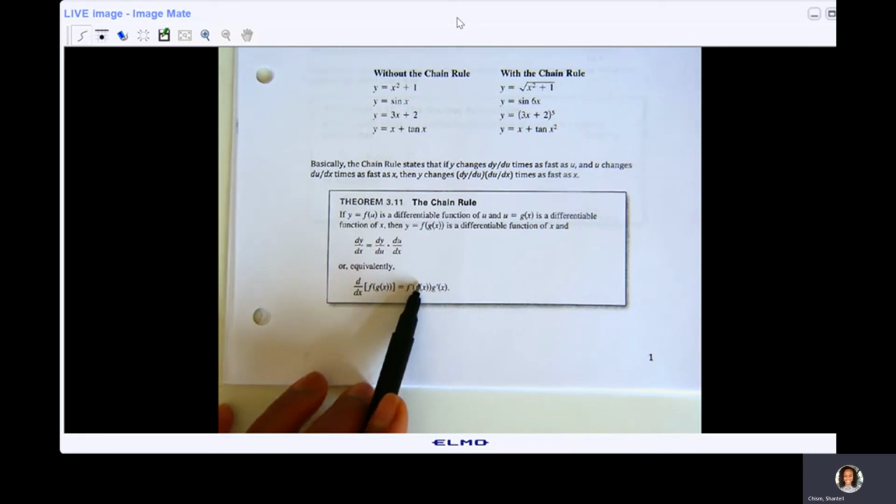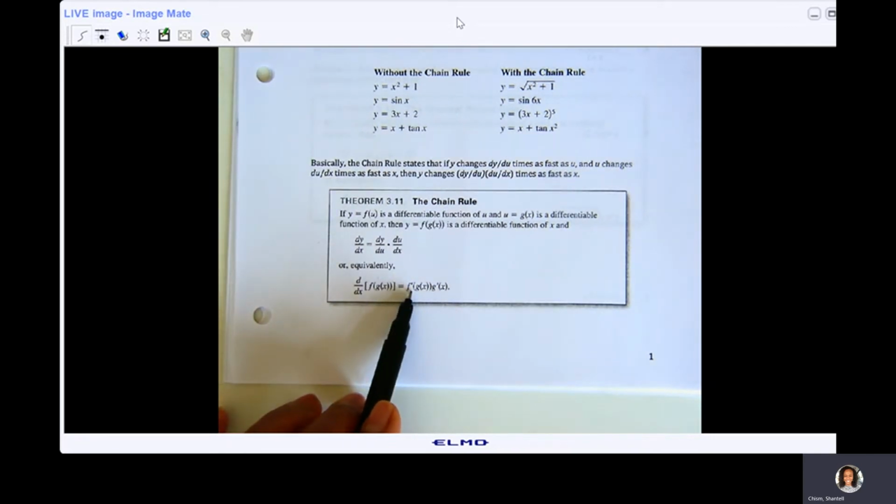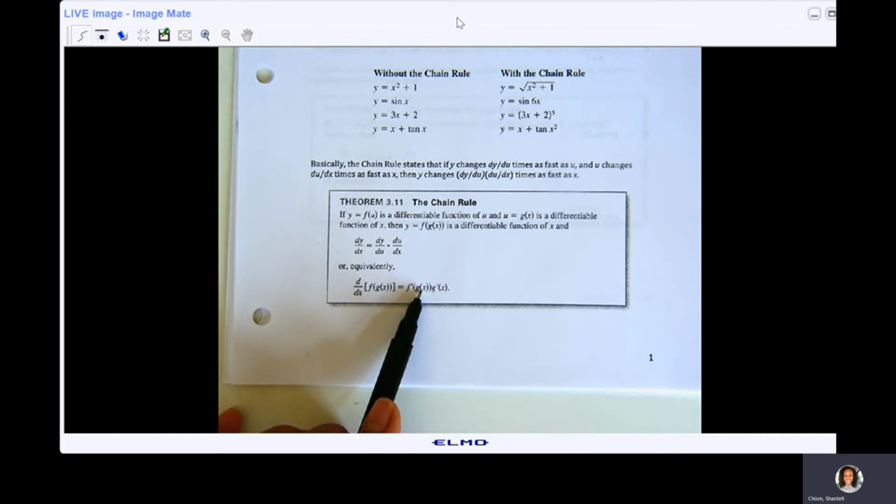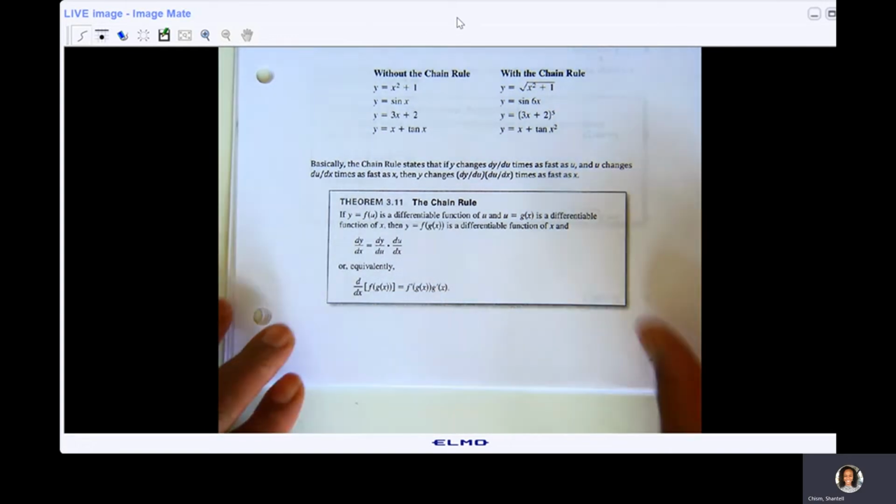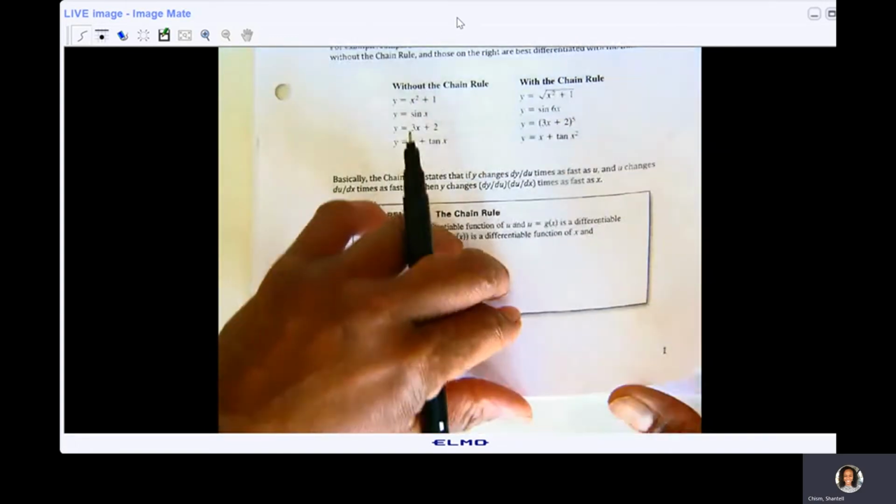So you would take the derivative of the outer function, derivative of f, keeping the inside function the same, then multiplying that times the derivative of the inside function. Okay? Let me look at some examples.